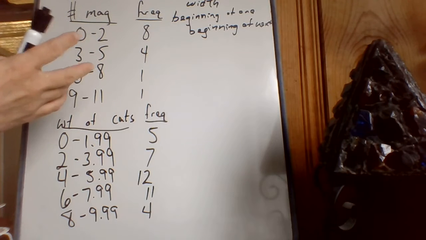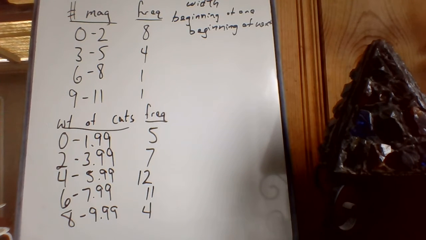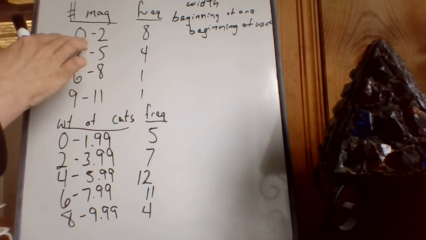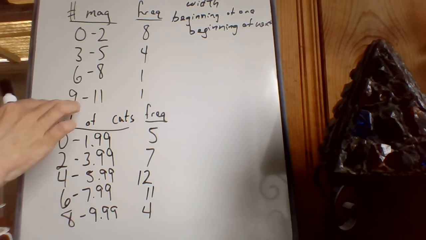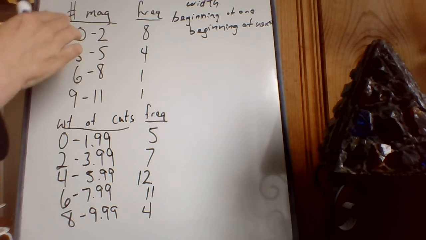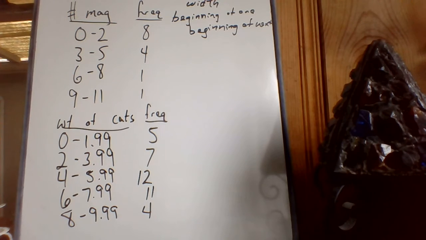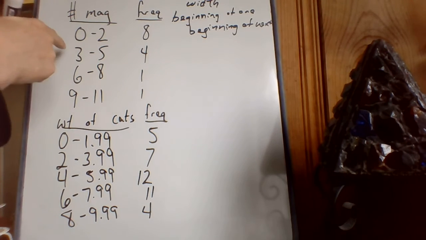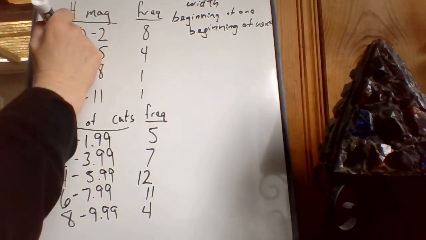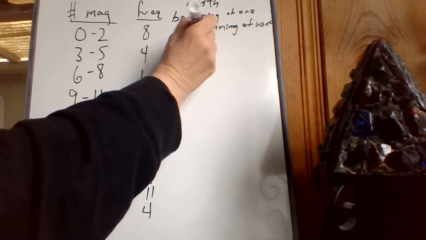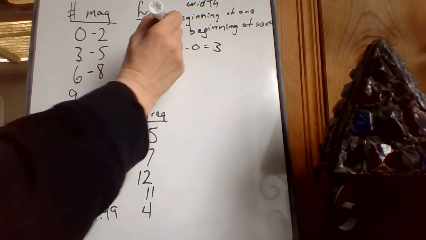You could be 0, 1, or 2. You could be 3, 4, or 5. So it's a distance of 3. I don't want to call it a distance of 2, which is what I'd get if I subtracted within a class, but I want to go all the way from the beginning of one to the beginning of the next because there are 3 different things in there. So 3 minus 0 is 3. That class width would be 3.